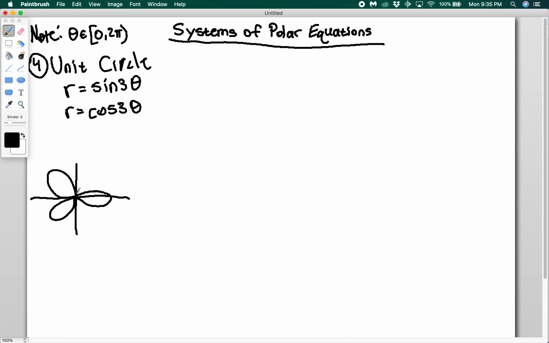And the other one, I'll do my best, is going to look like this. Man, this is tricky. Yeah, there we go. So we're going to have a bunch of intersection points. If you count them up, and if I drew it well, there should be 4, I believe.